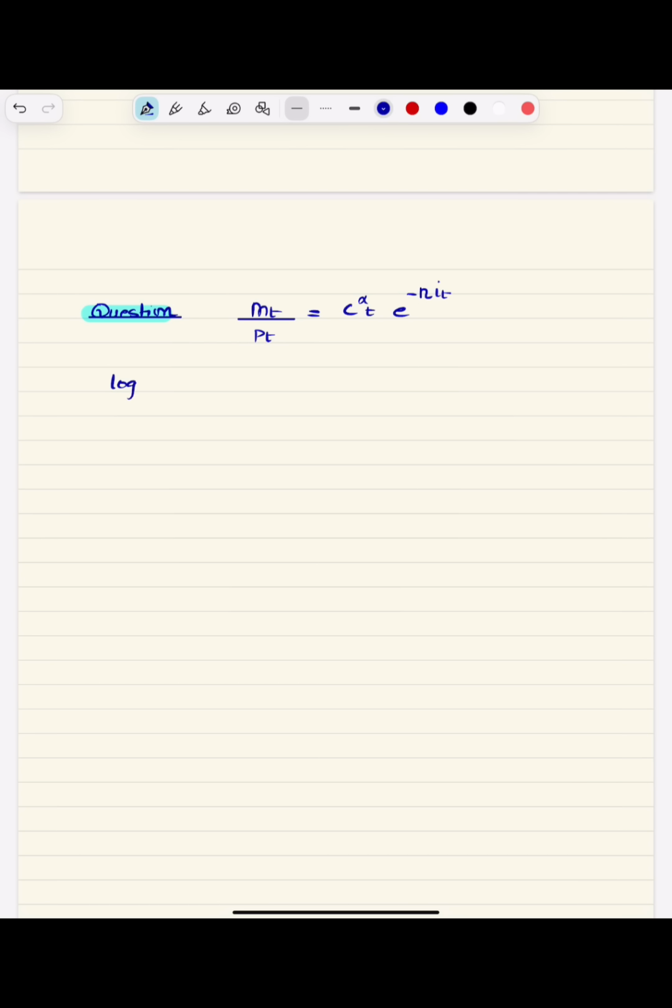So we'll have a log mt minus a log pt equals alpha log ct minus n it log e. Okay, then at the steady state, all of this becomes bar values.